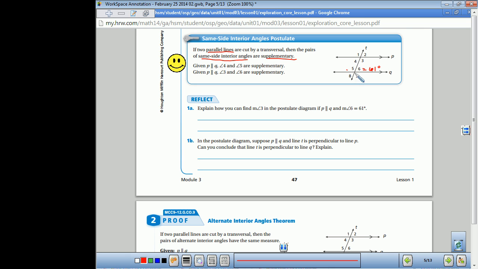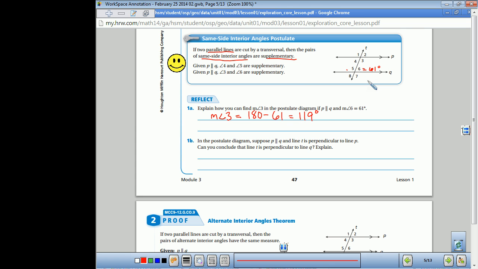What kind of special angle pair are 3 and 6? They're same side interior, which makes them supplementary. So if this is 61, then the measure of angle 3 would be 180 minus 61, which is 119 degrees.